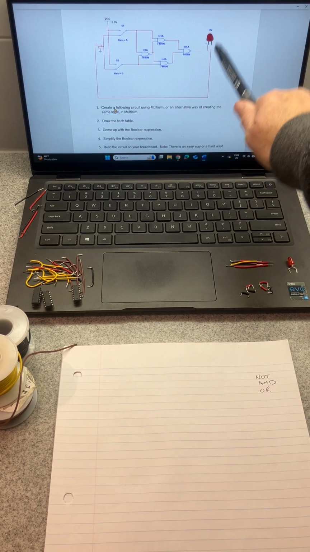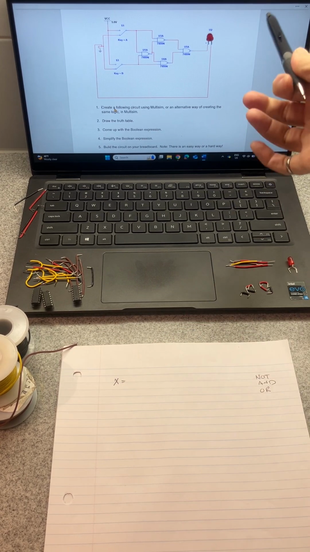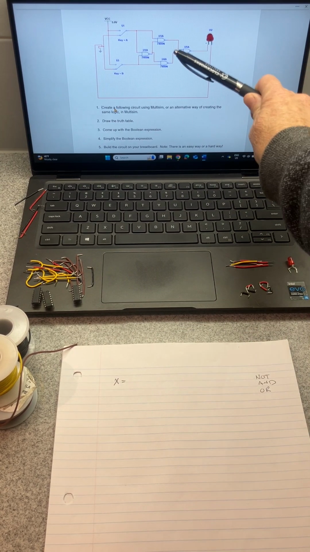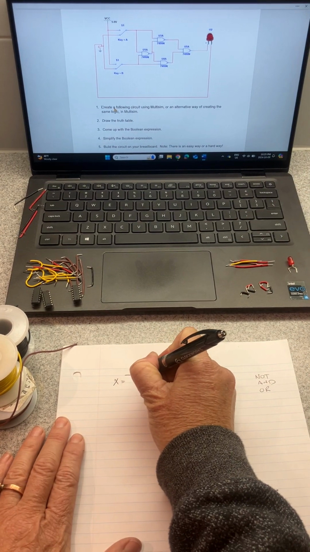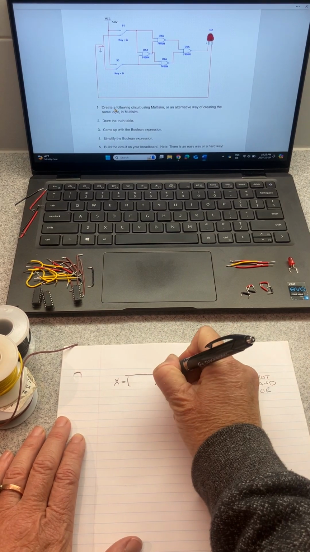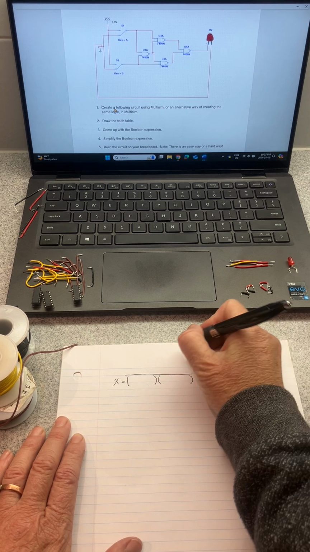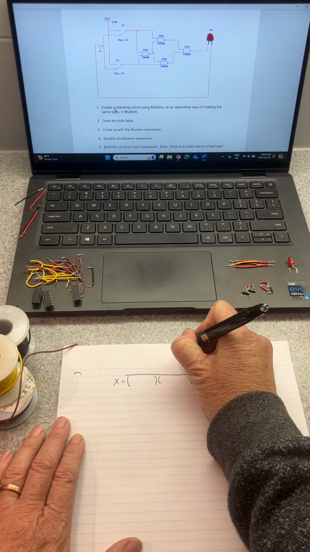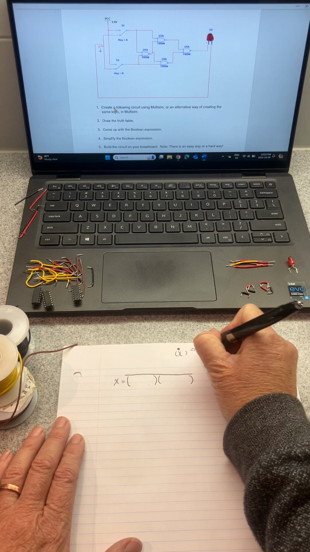I do that by looking at the output first, and I say that output, call it X, is coming out of this NAND gate. What does a NAND gate look like on paper? It has something ANDed with something, because the symbol for AND is either this or just like this. This is AND.